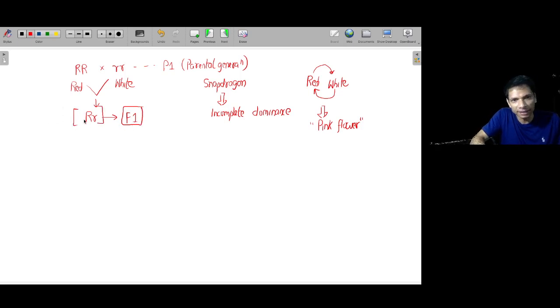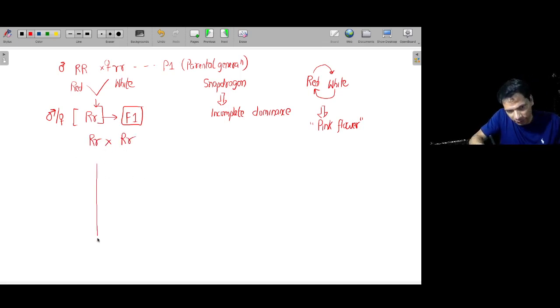Now we are self-crossing the F1. This is the male side, this is the female side. It doesn't matter which is male or female. So we have Rr crossed with Rr.